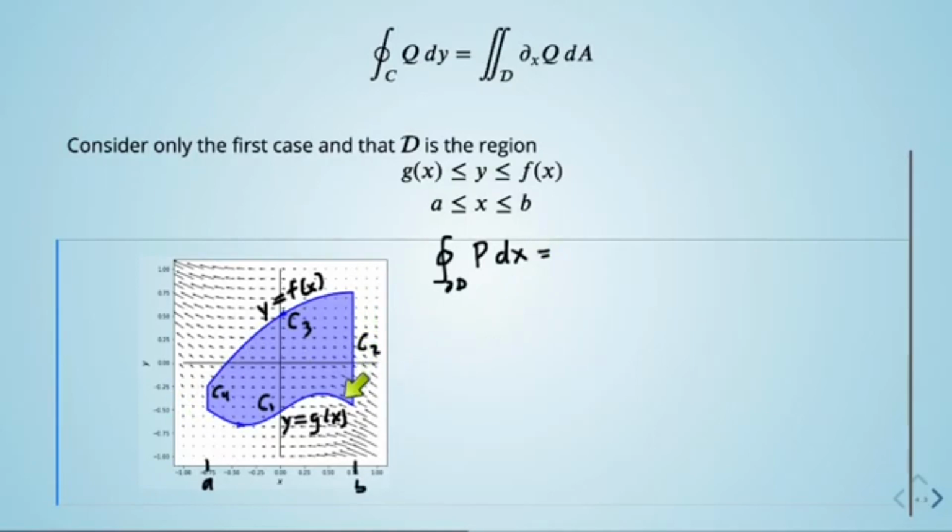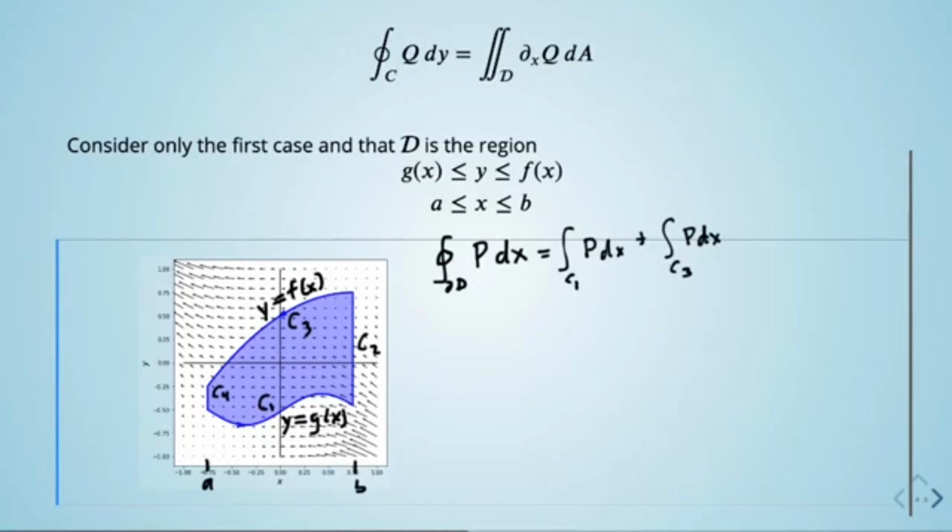So integrating with respect to x along this curve is going to be 0 automatically, regardless of the values of P. And same on this side. So really we only have 2 pieces to go. So I've got the integral of C1 P dx plus the integral C3 P dx. Just the top and the bottom are the only ones that contribute to this computation.